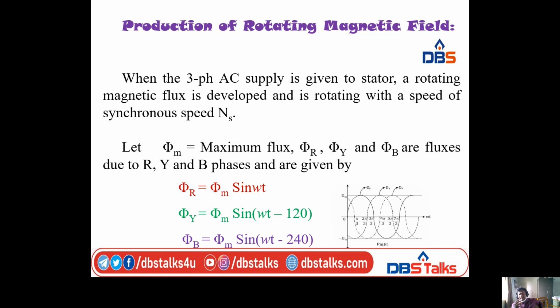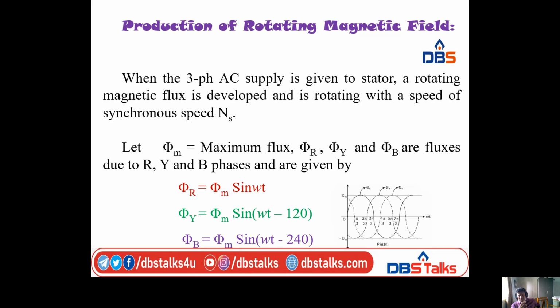Generally, when a three-phase AC supply is given to the stator, a rotating magnetic field, otherwise the electromagnetic field, will be developed in the stator, and that rotating magnetic field is rotating with a speed of Ns, that is synchronous speed, and that Ns is equal to 120 f by P. Numerically, it is 1500 RPM.